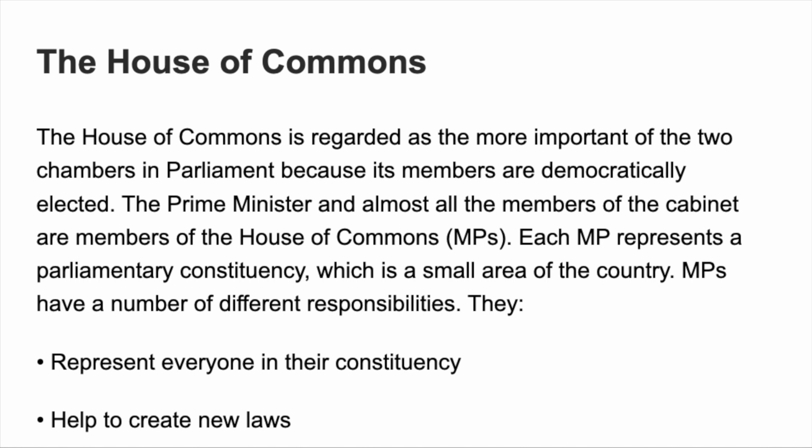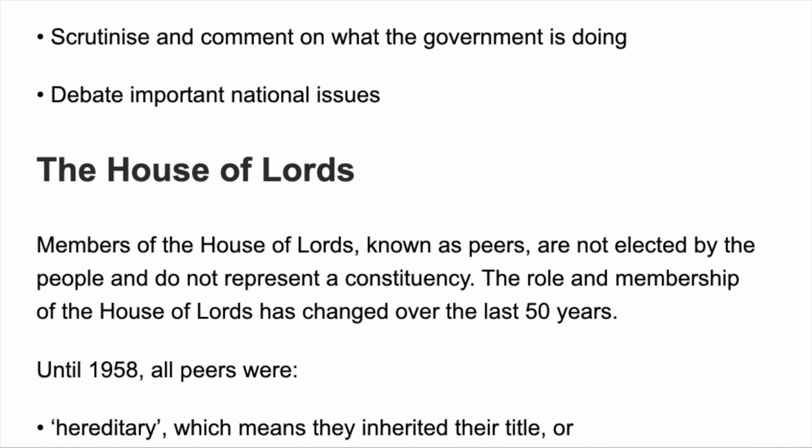Each MP represents a parliamentary constituency, which is a small area of the country. MPs have a number of different responsibilities. They represent everyone in their constituency, help to create new laws, scrutinize and comment on what the government is doing, and debate important national issues.